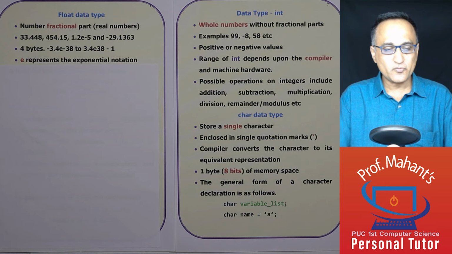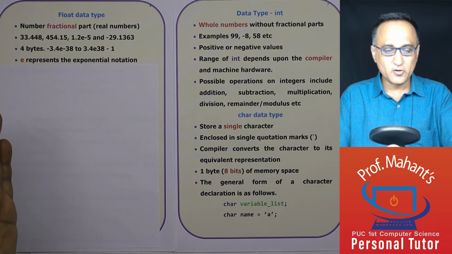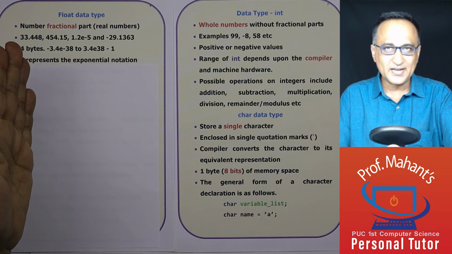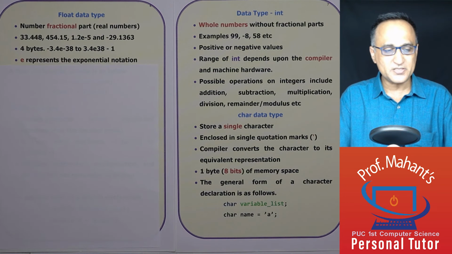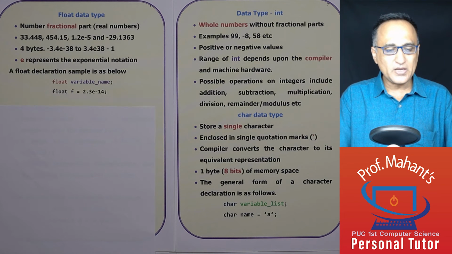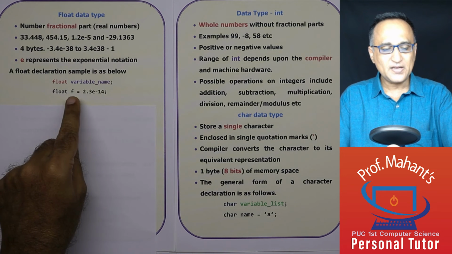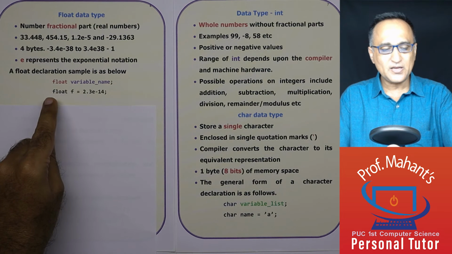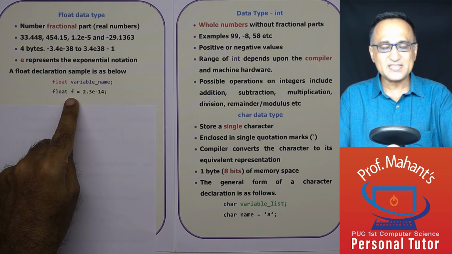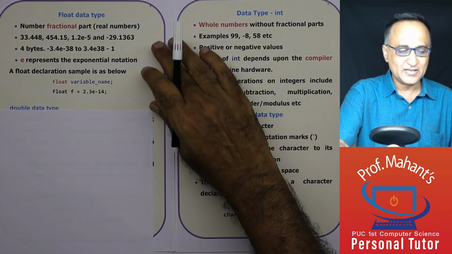We have discussed this in floating point constants. These are just floating point variables. A floating point variable can be declared like this: float f = 2.3e-14. F indicates the name of the variable. Float is a keyword which indicates f is of a floating type of data.